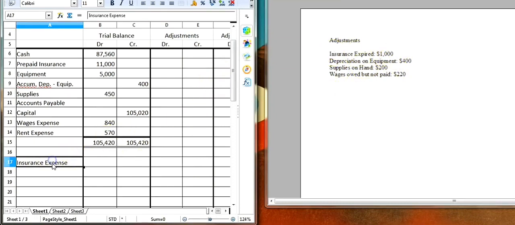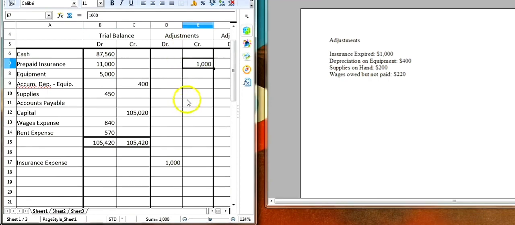I purchased $11,000 worth of insurance. I'm not going to have to pay insurance for probably another year, but every month I need to acknowledge that some of my expense for this month was paid in the previous period.